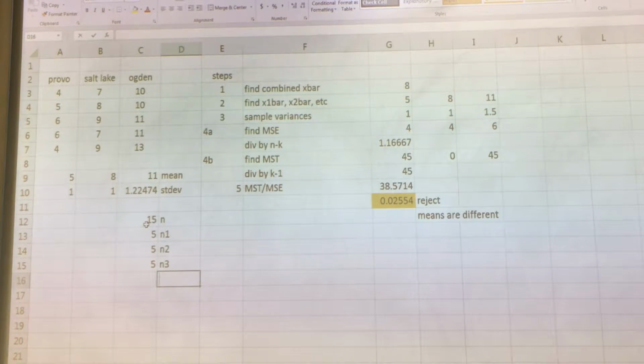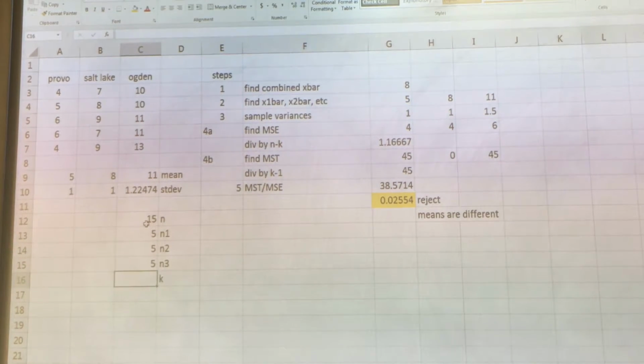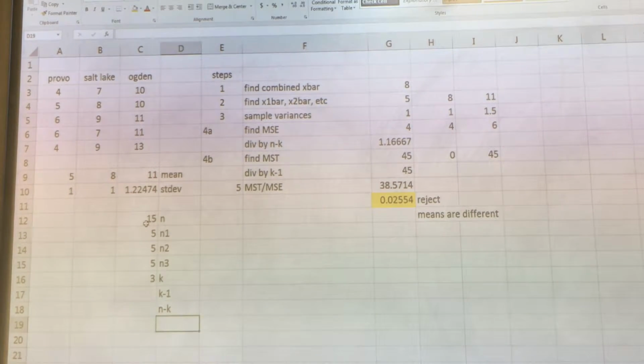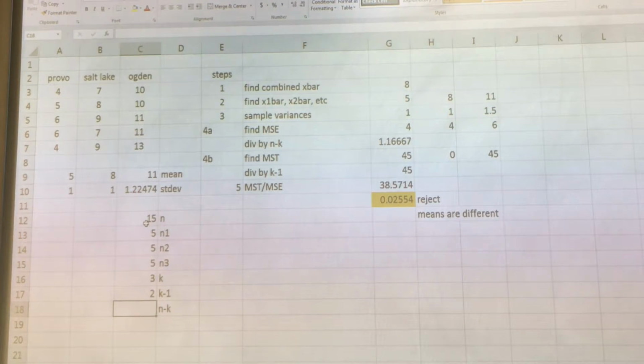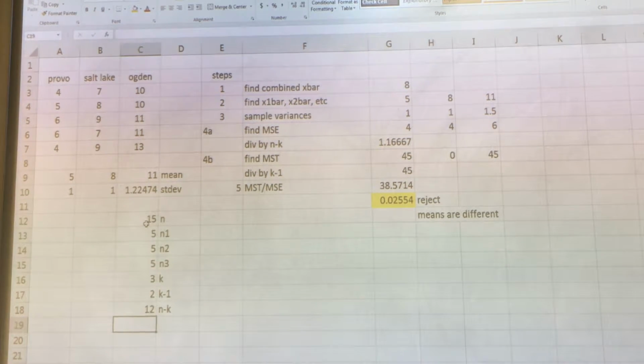And I've got K samples. How many means am I comparing? Three means. So I'm going to want to figure out my K minus 1 and my N minus K. My K minus 1 is going to be 2, and my N minus K, 15 minus 3, is 12.